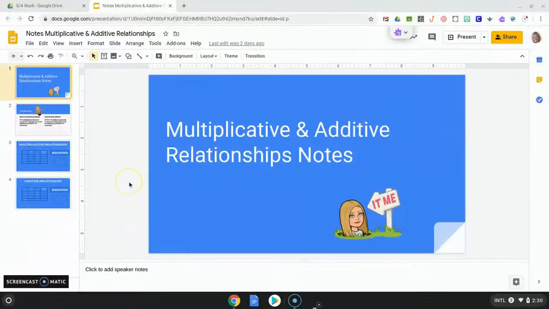Hey guys, we are starting week 6, which is hard to believe, but we are continuing on with what we talked about last week. We talked about independent and dependent variables, and just to review real quick, an independent variable is something that does not need another quantity to impact it.